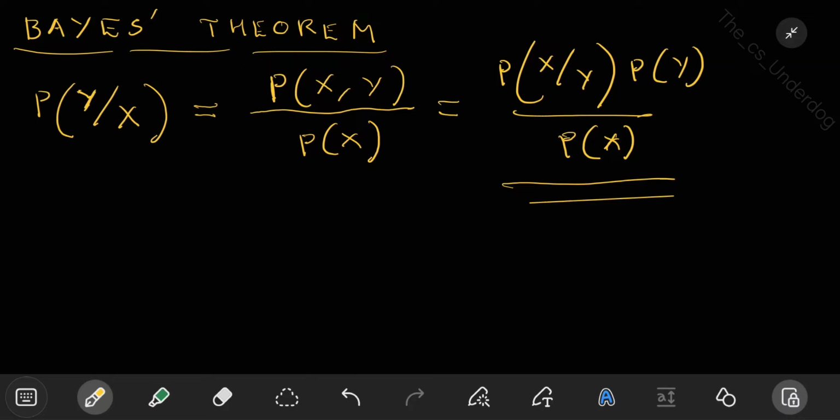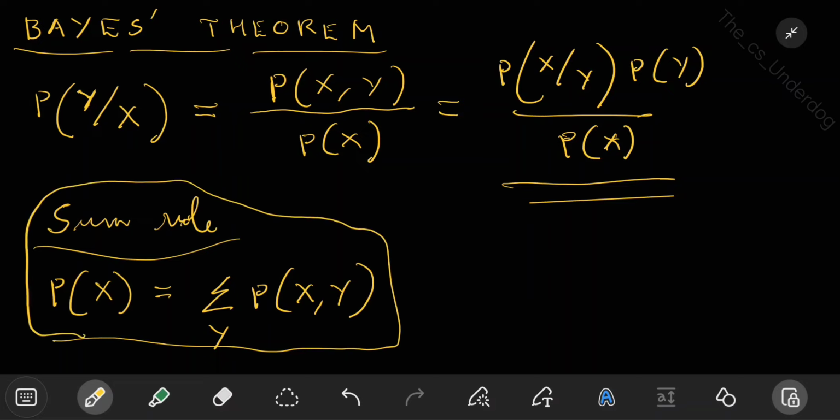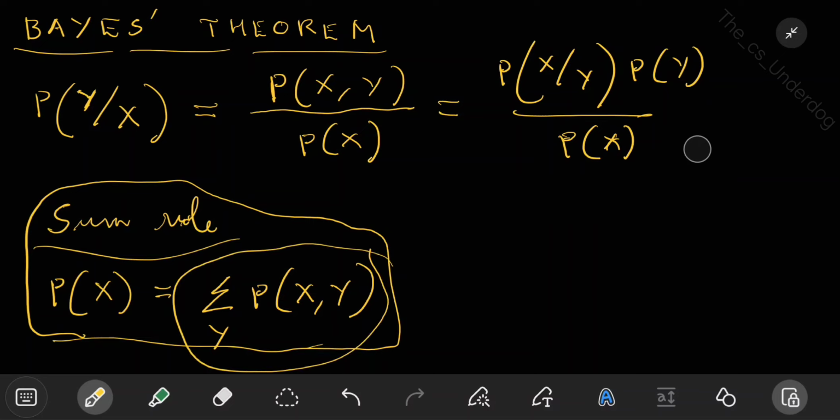The next step is to recall our sum rule. What is the sum rule of probability? From the sum rule, probability of x is equal to the summation over all values of y of P of x, y. This is the sum rule that we learned, and we are going to substitute this value of P of x here. So what will we end up getting?